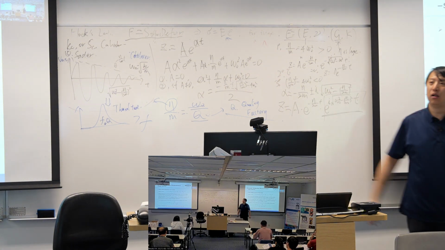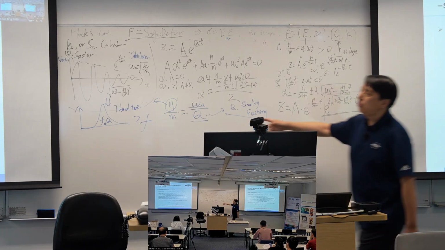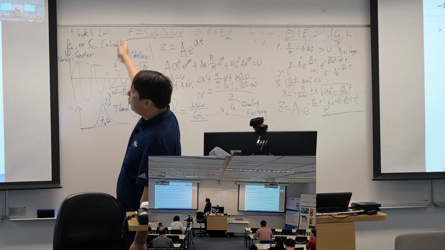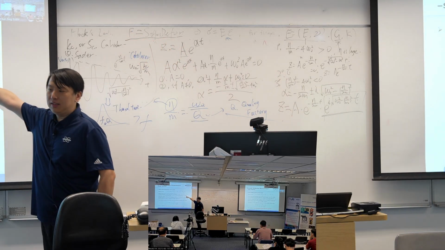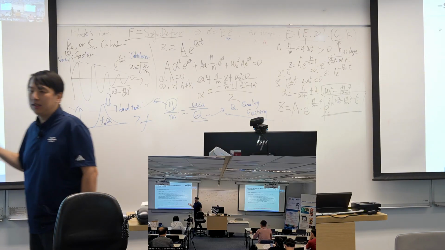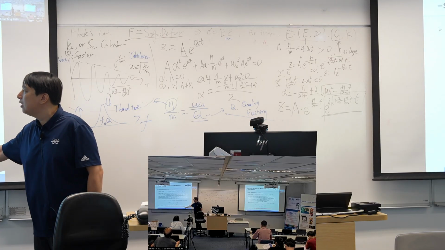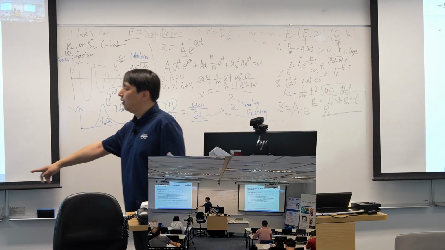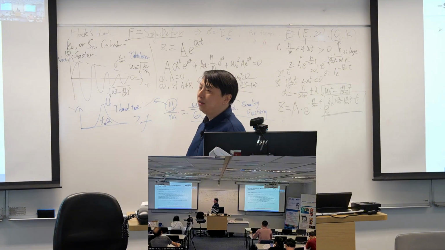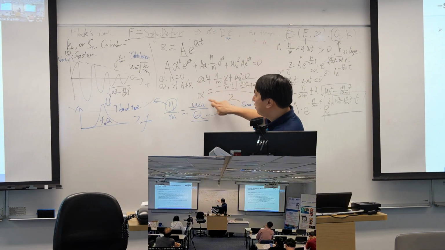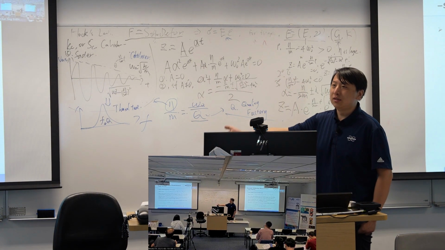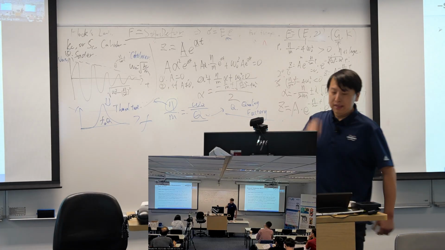But that's the old way. Of course, you can reach Professor Sader's website, visit his website, type in your resonance frequency and the quality factor, and it gives out the spring constant.